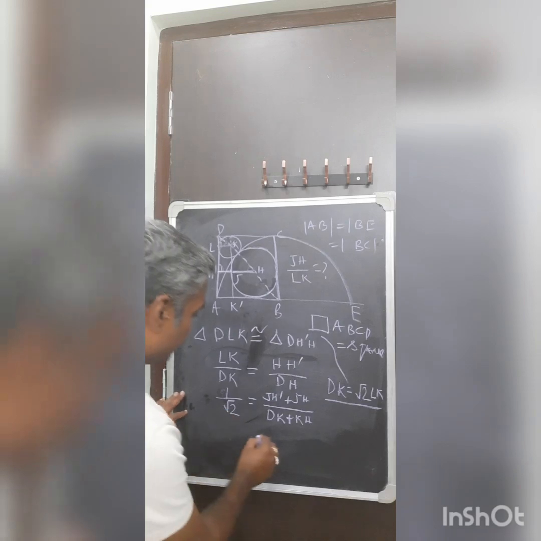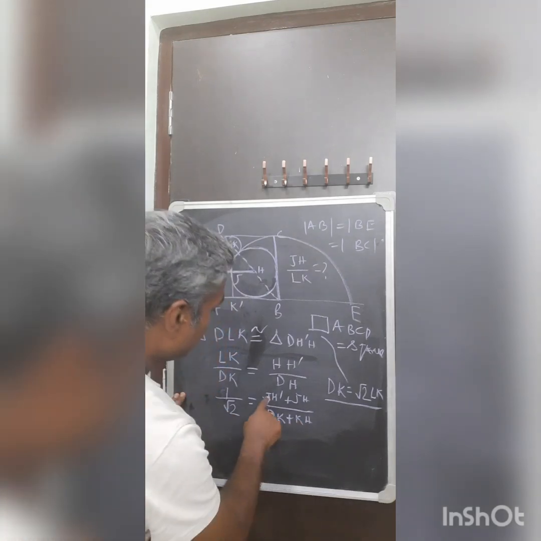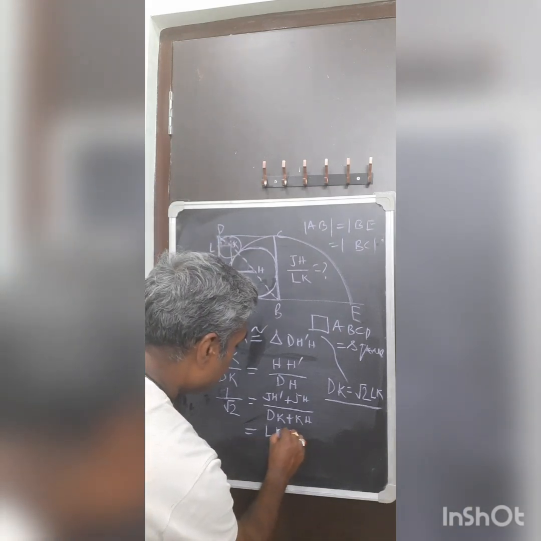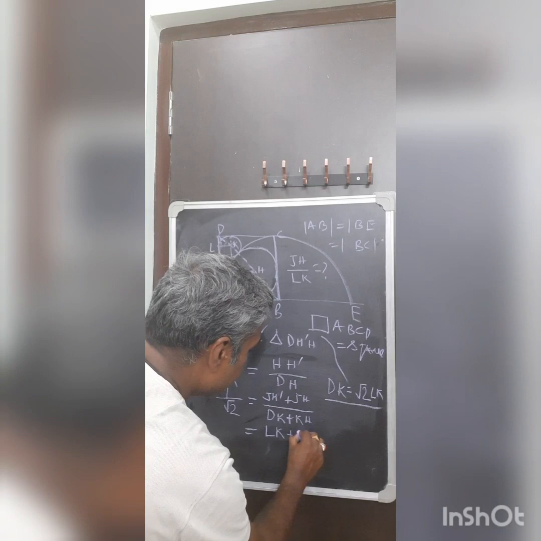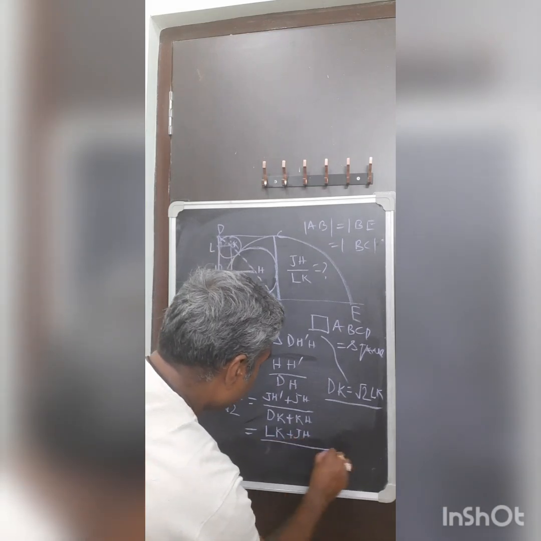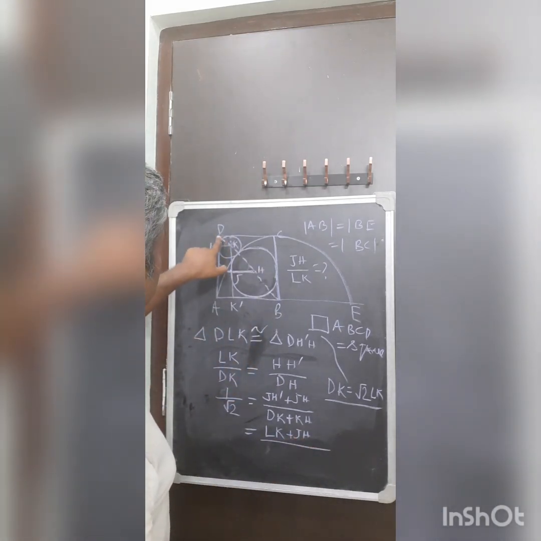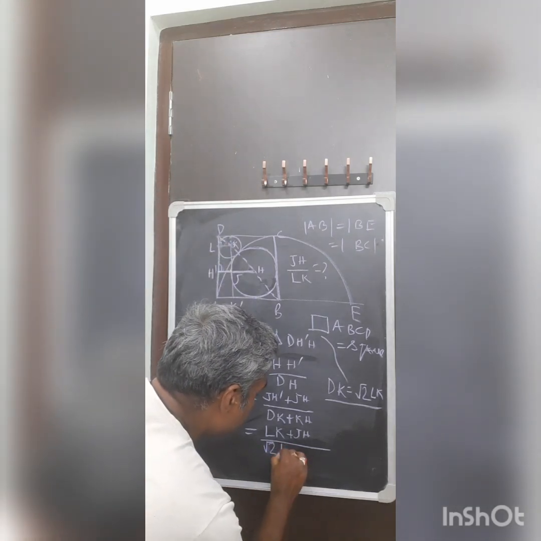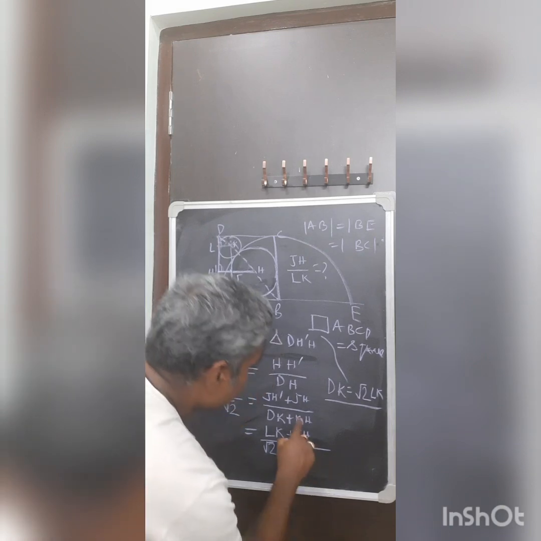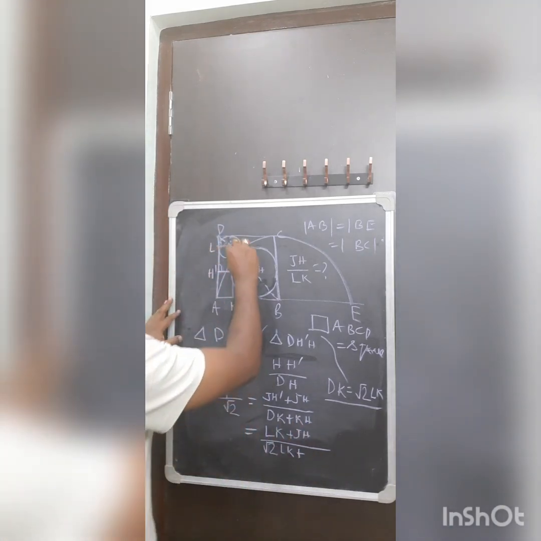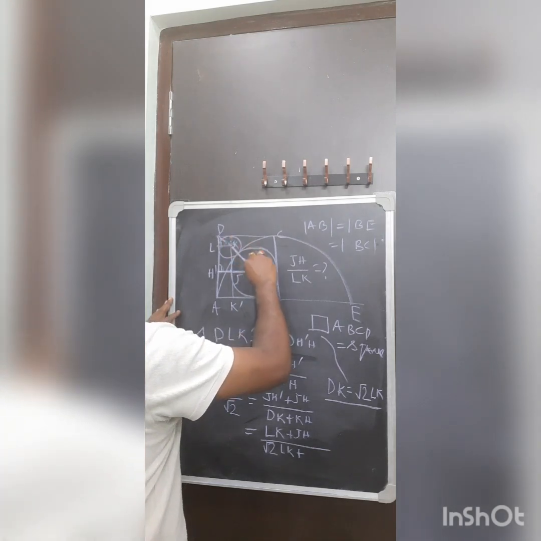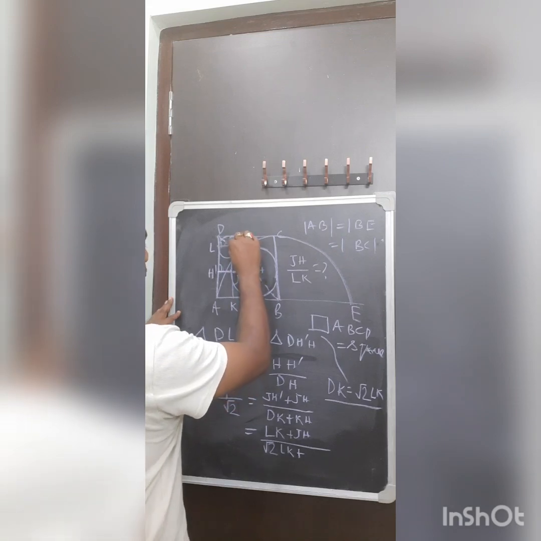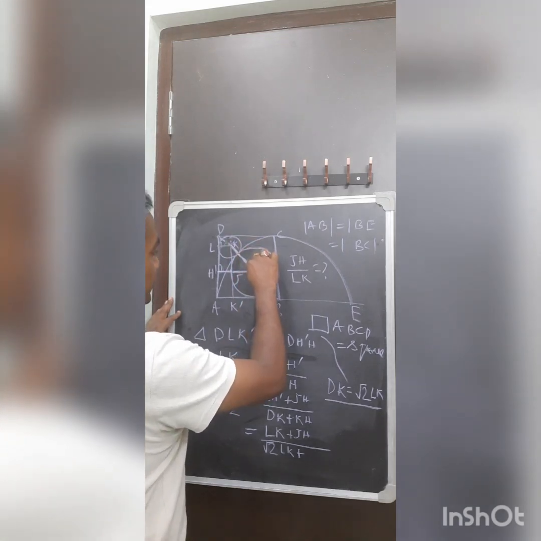Okay. Now if I put the value, JH nothing but LK, this again LK plus JH, I am taking this JH, and here DK is nothing but again root 2 times LK. I am putting the value root 2 times LK plus KH. What is KH? As these two circles are touching each other at a point, this must be the radius of this and this must be the radius of this.